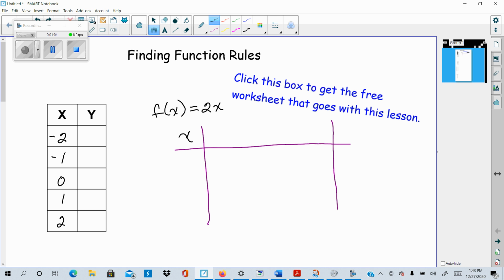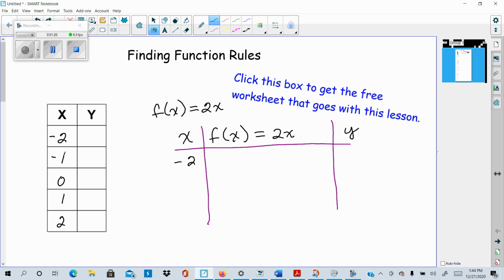So this is going to be your X. Your equation goes here, and your Y value goes there. And this will get you all set up. So we have, for X, let's start with our -2. So we're going to put in -2 and write our equation.